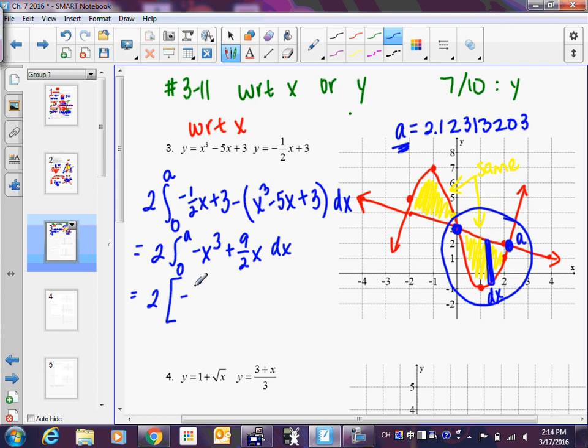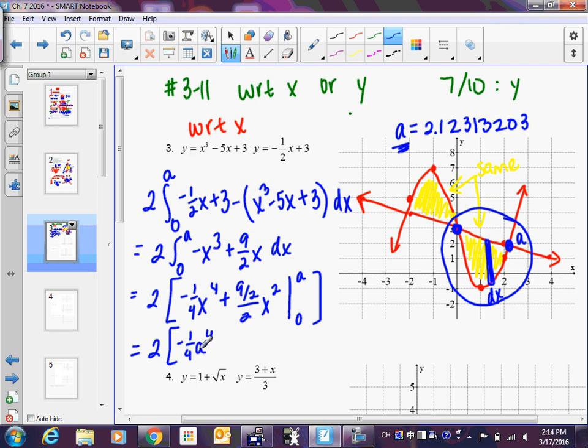Then as we integrate, we just have negative 1/4 x to the 4th, and then plus 9/2 x squared. And then again, this is where calling that A is helpful, because then you can just write A up at the top. Then we need to plug in the upper bound.